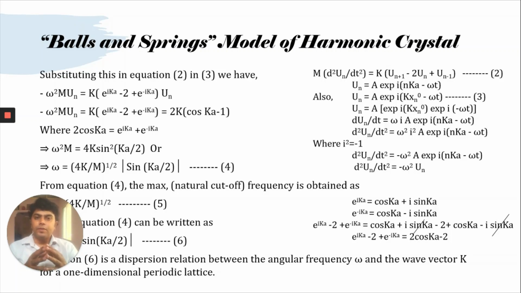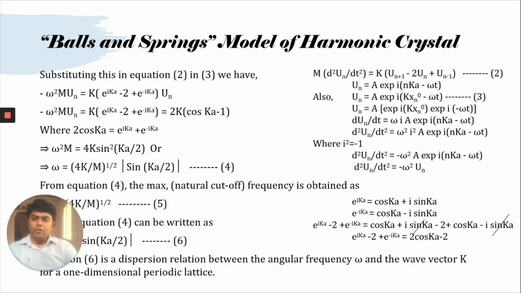Now omega square times m equals 4k sine square of ka by 2. So this expression we have obtained: omega square m equals 4 times k sine square ka by 2.